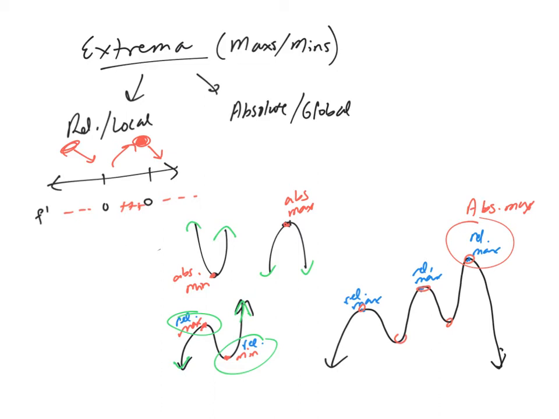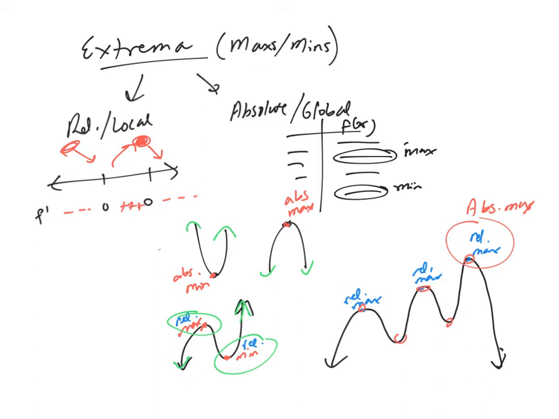So I don't mind if you do, just to kind of make more sense of this, but we are going to go to, just as a visual, a table method of, here's the points that I'm considering, and then I'm just going to find y values and compare. And literally the highest one is going to be my maximum, and the lowest one is going to be my minimum, and these are going to be absolute.